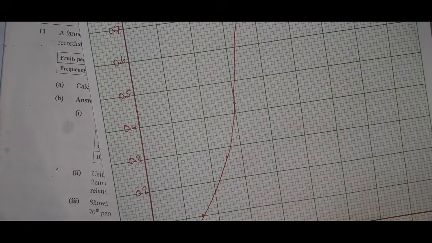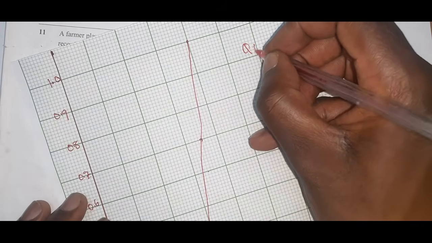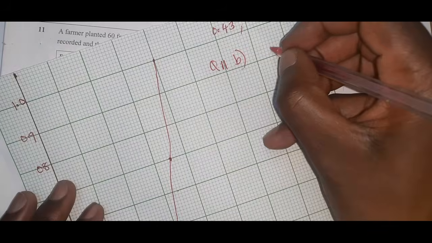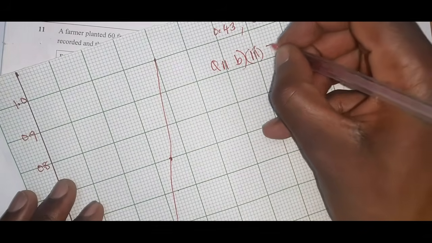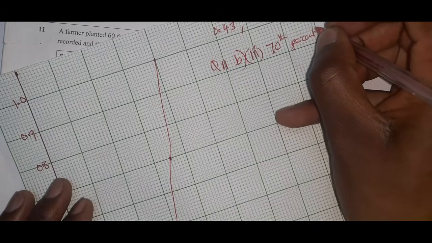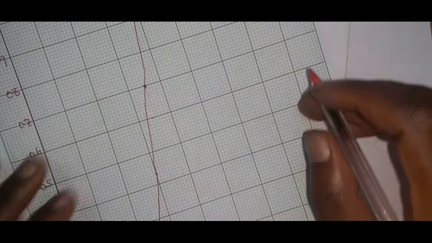So we are saying question 11B, Roman numeral, the 70th percentile here is equal to what? 7.